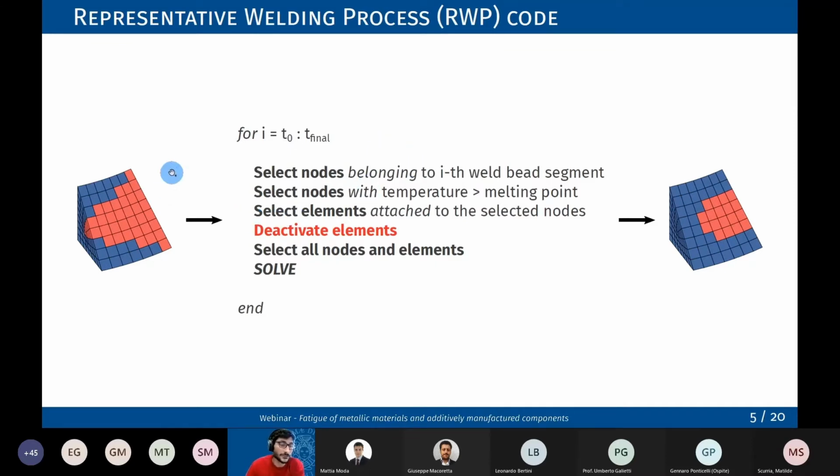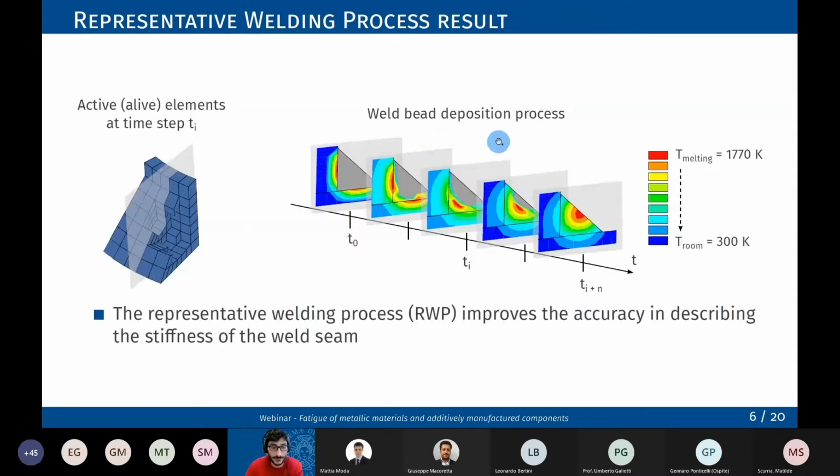We are also selecting the elements that are attached to these nodes, and then we are deactivating these elements, so we are killing these elements. And we are doing this with an iteration, solving the model, and we are obtaining a result like this. In the picture, I reported some slices of the weld bead for different times during the simulation.